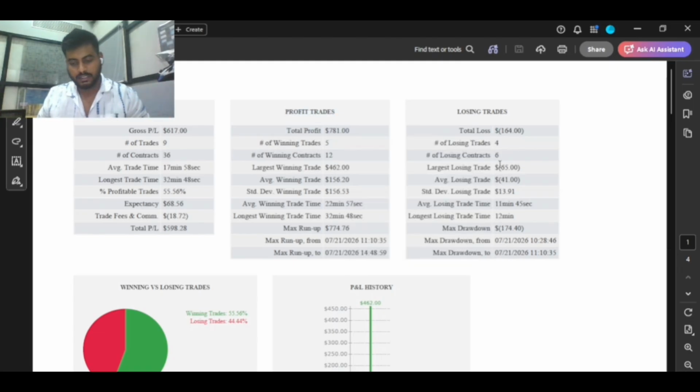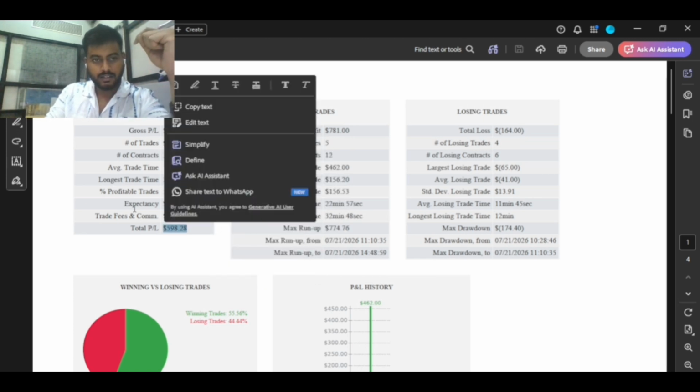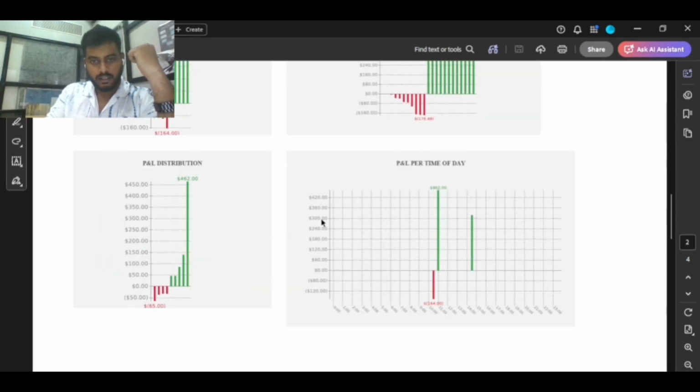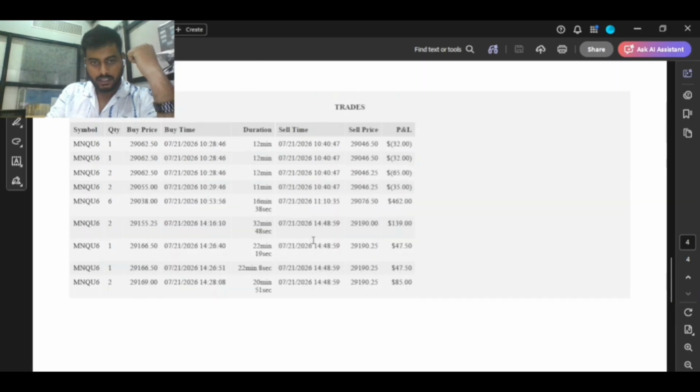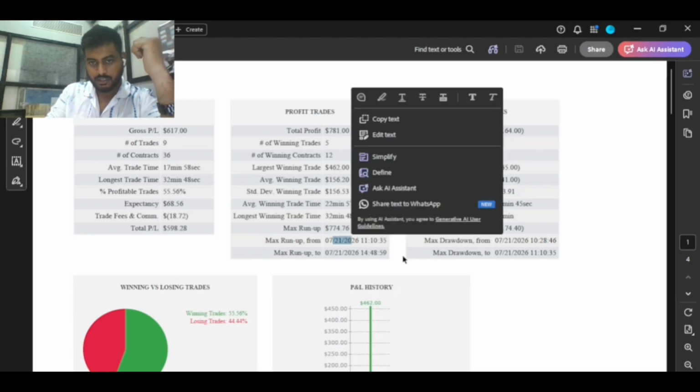That micro which I said I took early, I closed with a $164 loss, and overall I ended the day with $617, and after the commissions I was left with $598 by the end of it. These were the trades I took, and these are the execution times. Sorry, not yesterday, Tuesday actually. You can see the date, 21.